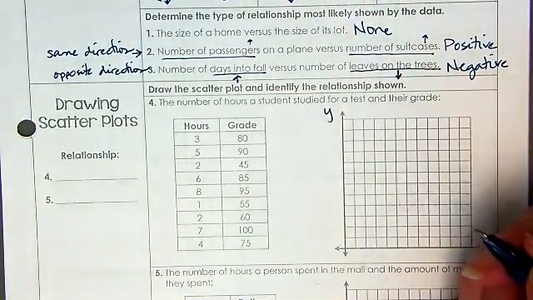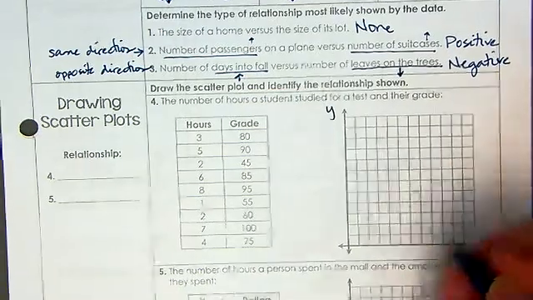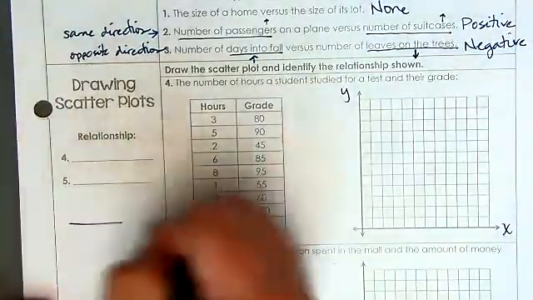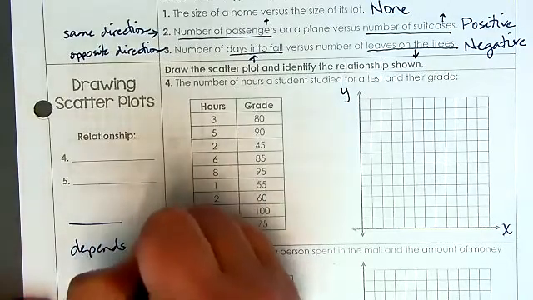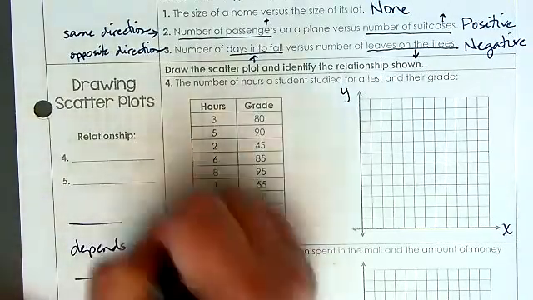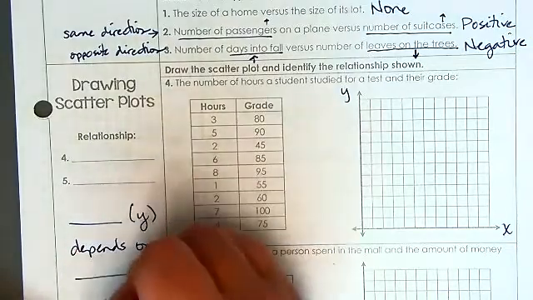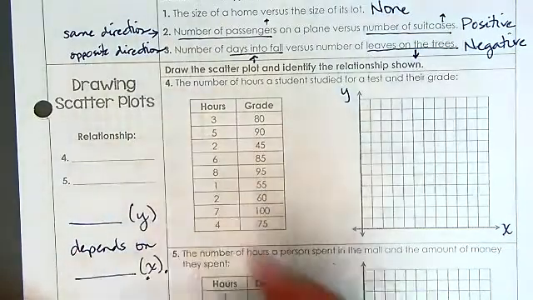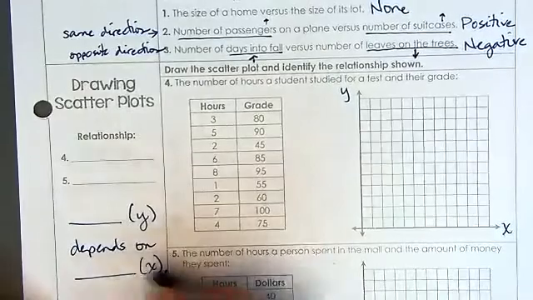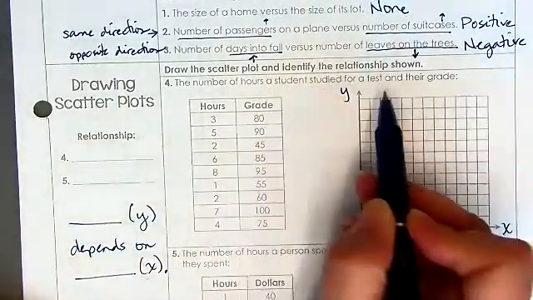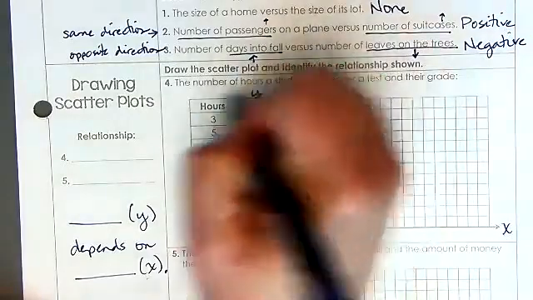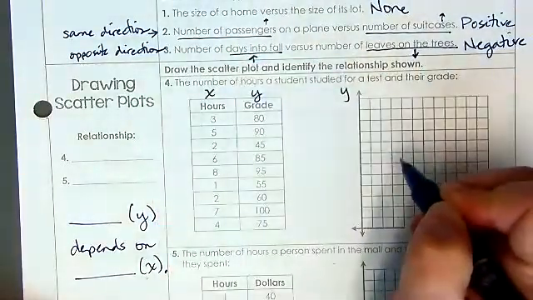So remember our sentence, blank depends on blank. Y always depends on X. So we fill in the sentence. The grade depends upon the hours that you study. So therefore, this is Y, this is X.